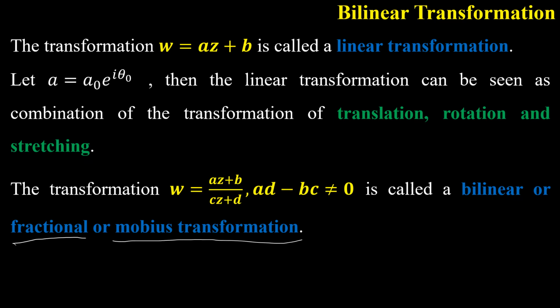Here you can see it has two parts, AZ plus B and CZ plus D. By choosing some values, you can define all this in the form of translation, rotation and stretching. Also, if you put A equals 0, it will be B upon CZ plus D, or if you put D equals 0, the transformation will be W equals 1 upon Z with some constant, let's say K. So it is a kind of inversion.